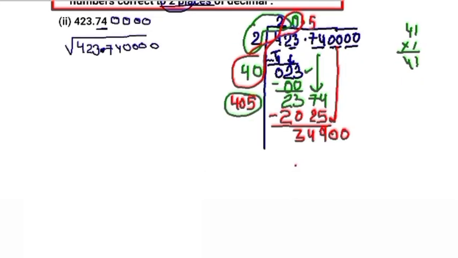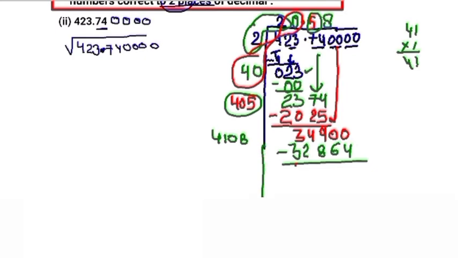Now add this 405 and 5, it will become 410. Take 8, multiply by 8, 8 8s are 64, 8 1s are 8, 8 4s are 32, subtract. What are you getting? 10 minus 4 is 6, 9 minus 6 is 3, 8 minus 8 is 0, 4 minus 2 is 2. Copy down the next pair, which is 2 zeros.